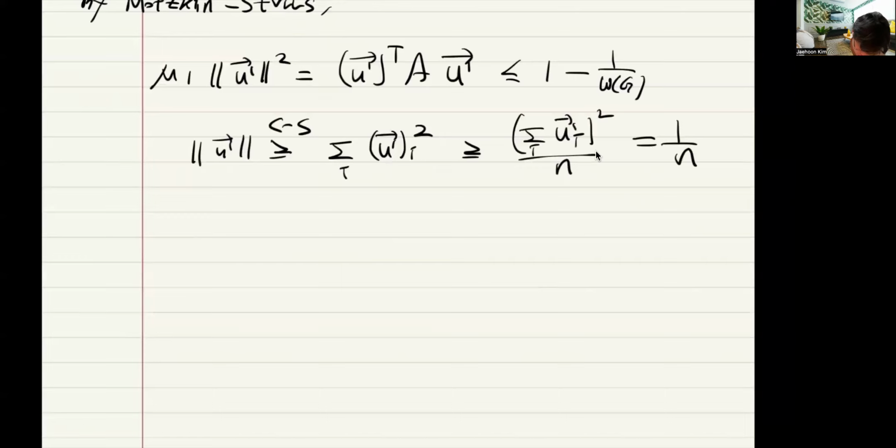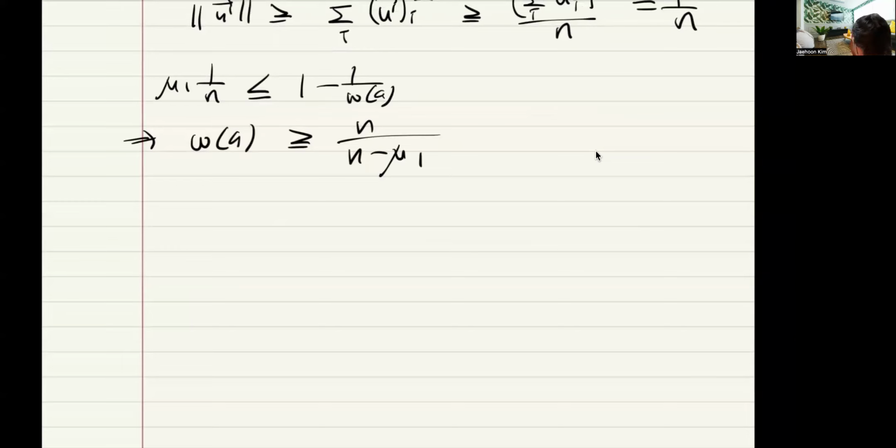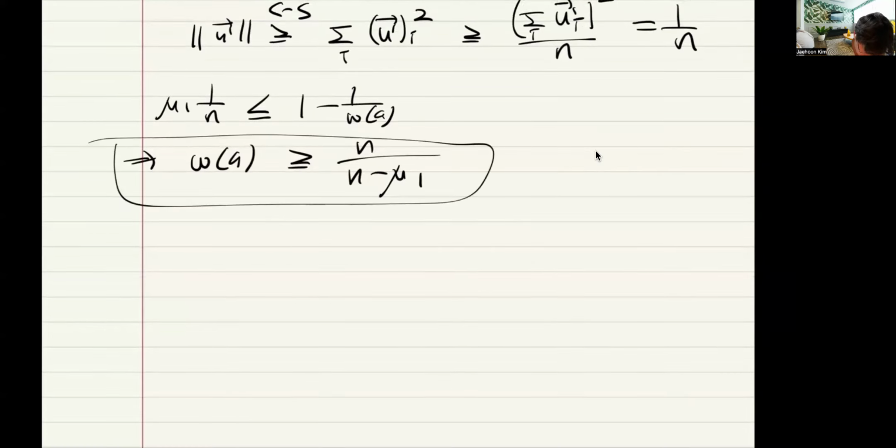Then what do we get? mu1 times 1 over n is at most 1 minus 1 over omega of G. So omega of G is at least n over n minus mu1. So this is as desired.